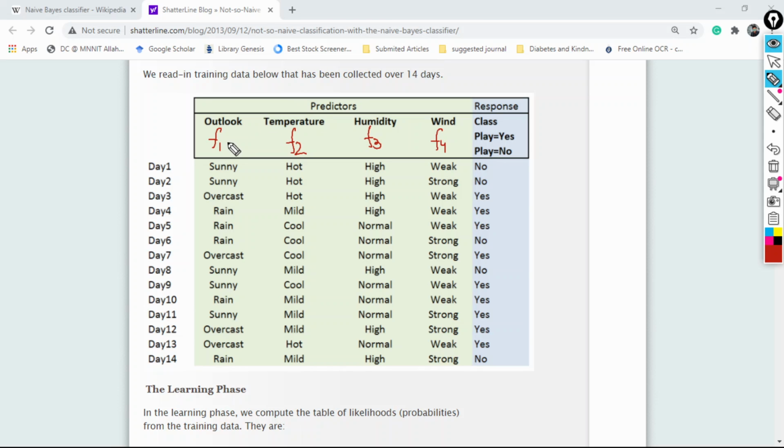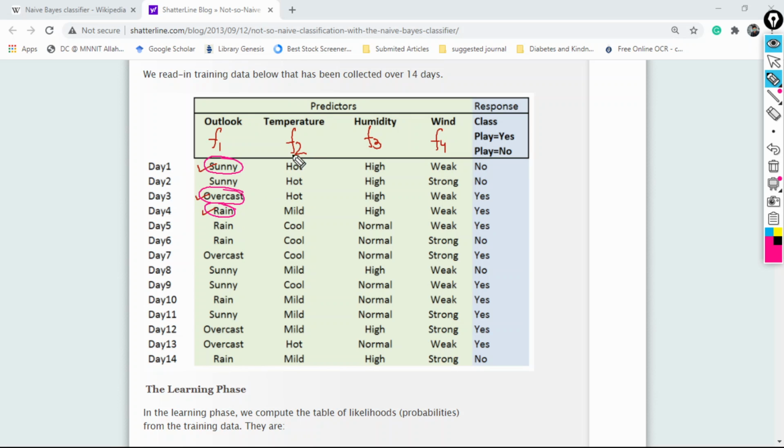The first feature has three types: sunny, overcast and rain.